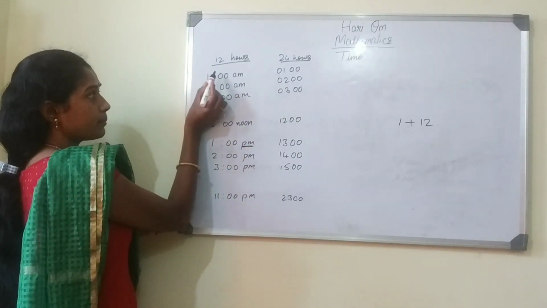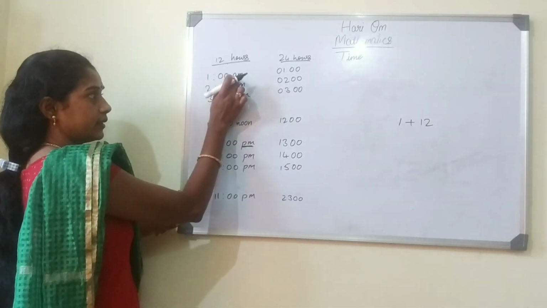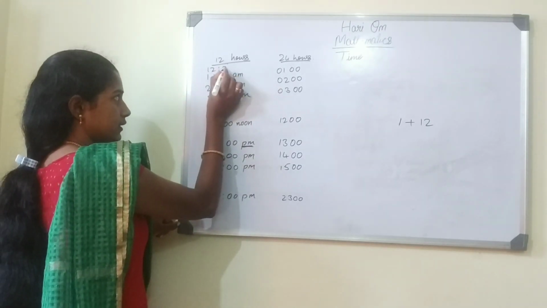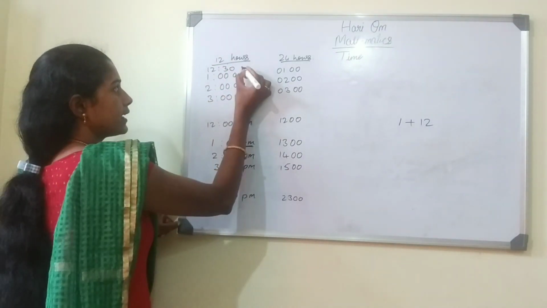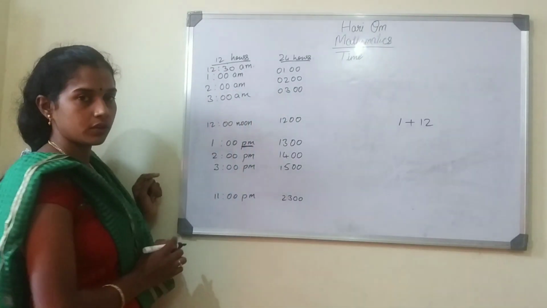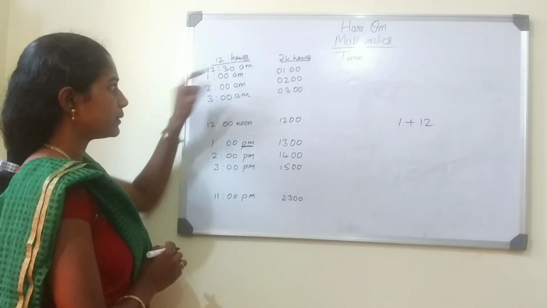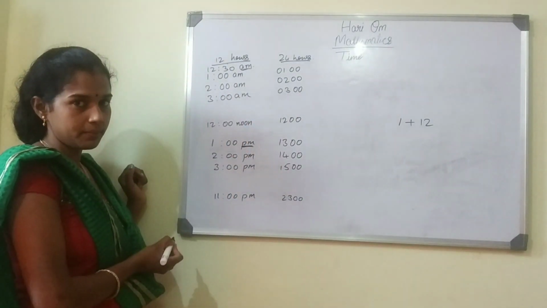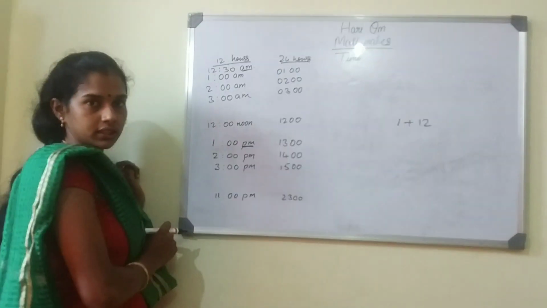Okay, so what happens if it is 12 o'clock 30 minutes AM? Do I write 12:30?